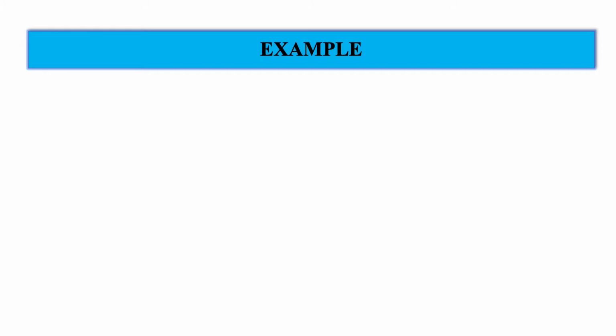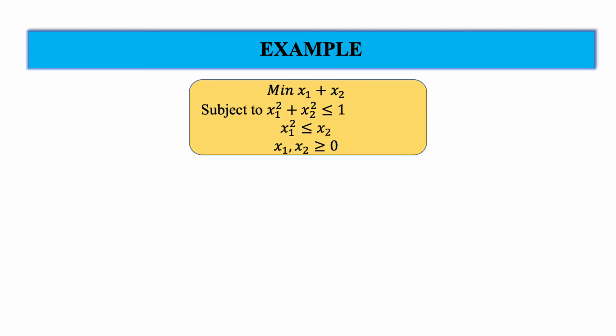Now let us discuss a few examples of convex programming problems. First example is minimizing x1 plus x2 subject to the first constraint x1 square plus x2 square less than or equal to 1, and the second constraint x1 square less than or equal to x2. The first constraint can be written as g1(x) equals x1 square plus x2 square minus 1 less than or equal to 0, and the second constraint as g2(x) equals x1 square minus x2 less than or equal to 0, and the objective function is of minimization type.